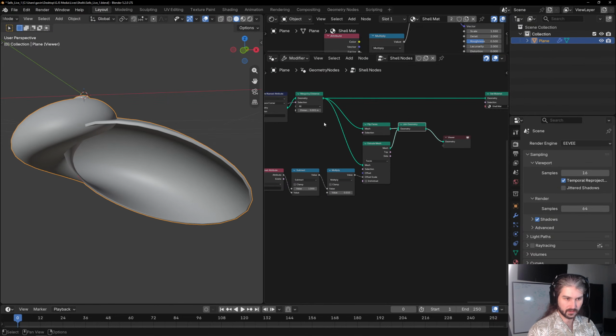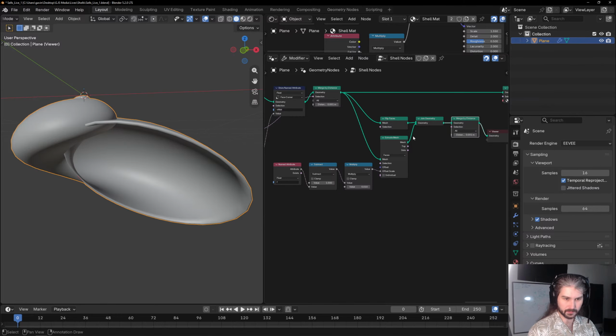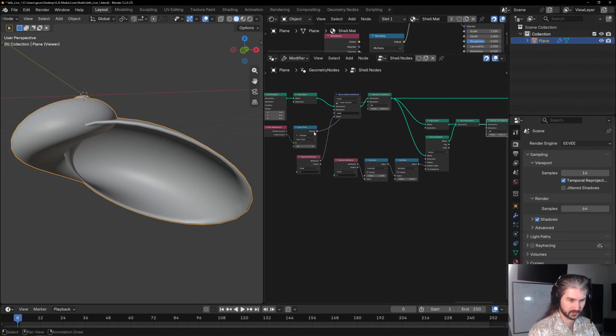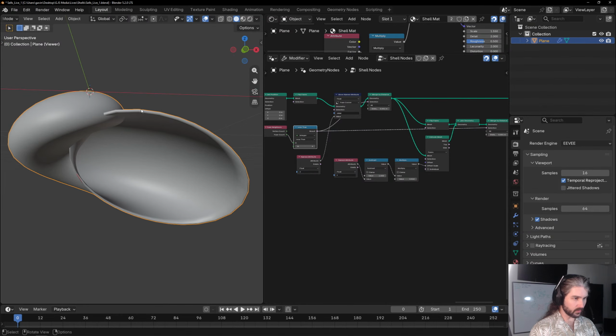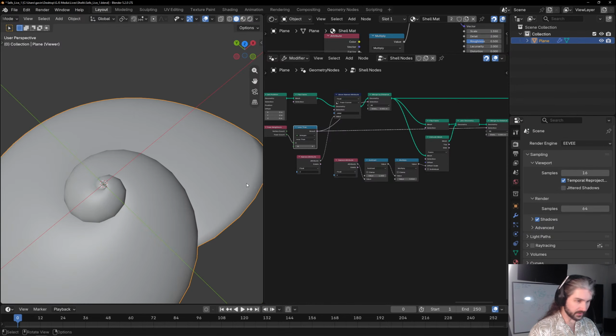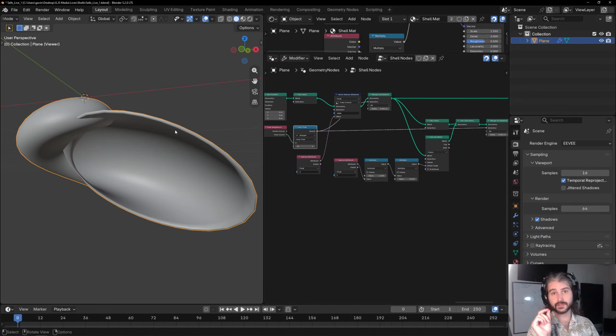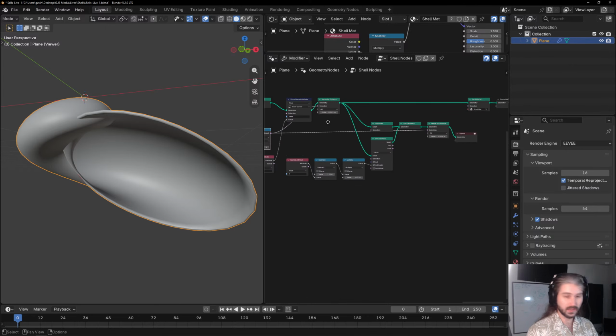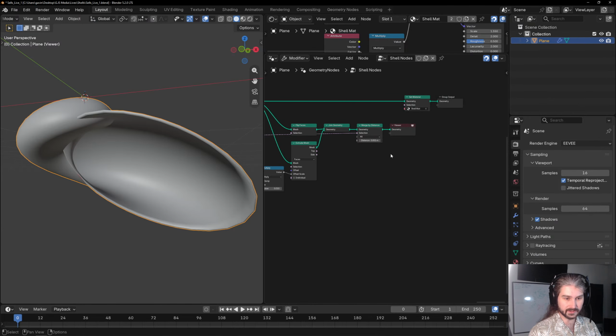And then we need to do one more merge by distance, and we're going to use the same logic so that we're only merging the edge of the shell, both at the top and bottom. And now we've given our shell some thickness. That was the goal here. Add a little bit of thickness.